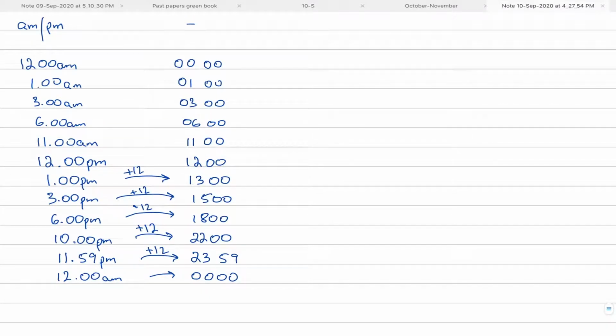And if you were to do it the other way around, suppose you were to convert a 24-hour clock to a 12-hour clock, if it's less than 12, it's going to be the same, and the unit is going to be AM. For example, let's say you're asked to convert 7:30 from 24-hour clock to 12-hour clock. Since it's less than 12, the number of hours is going to be the same.